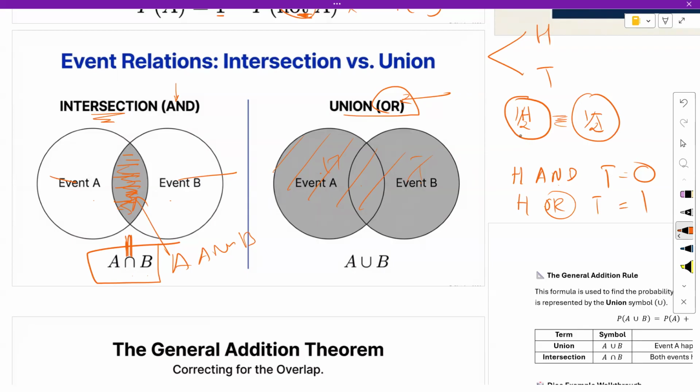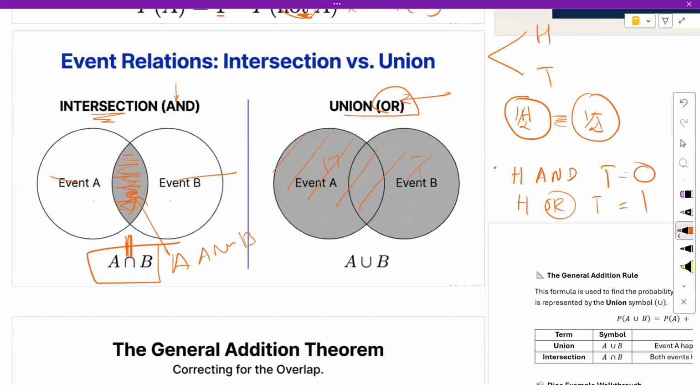If you get tail, you win. Both situations, you win. So what is the winning chance in that toss? Any outcome, you win. The probability of getting head and tail is 0. The probability of getting head or tail is 1.